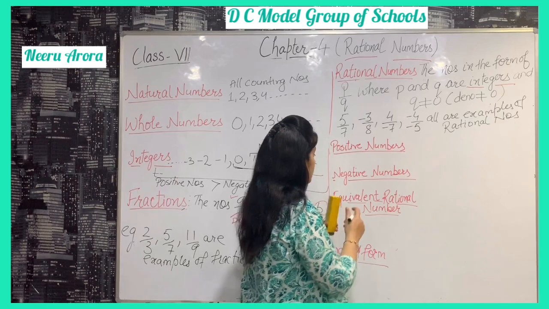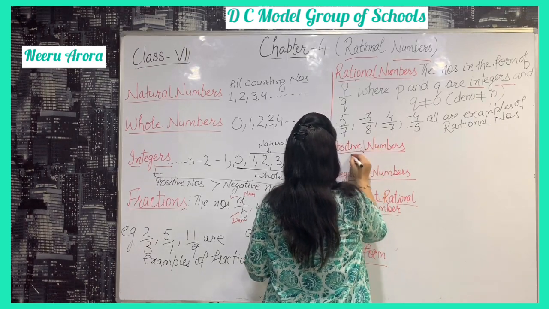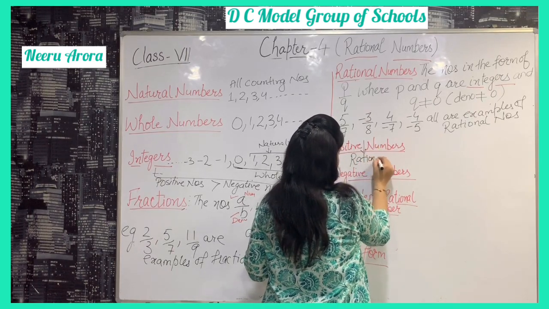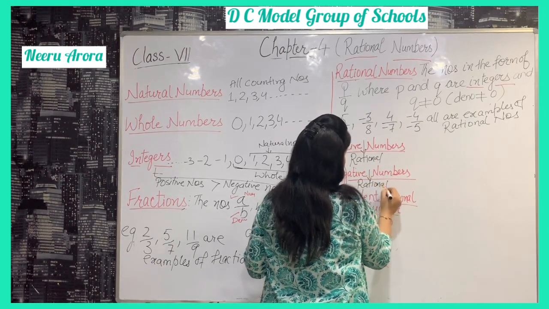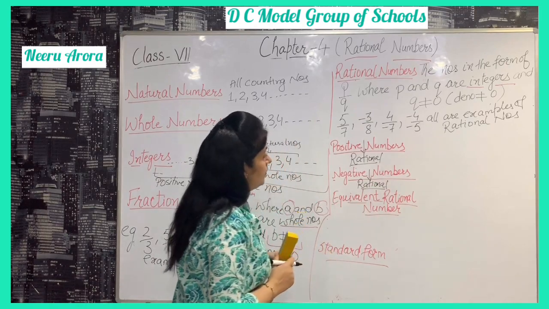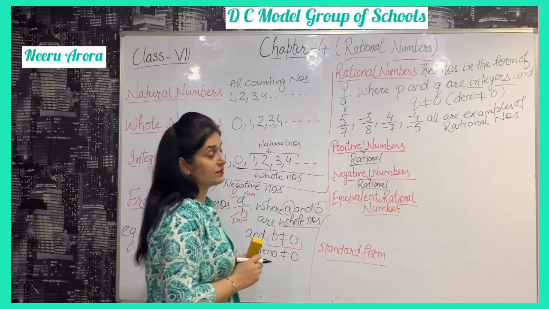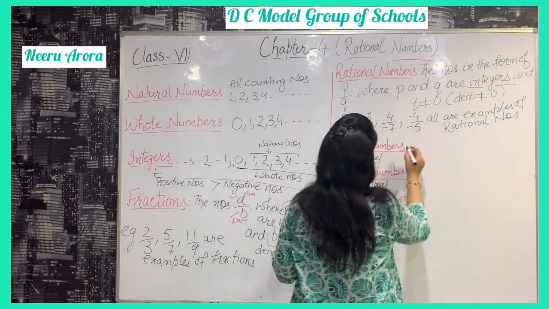Now what are positive rational numbers, and what are negative rational numbers?